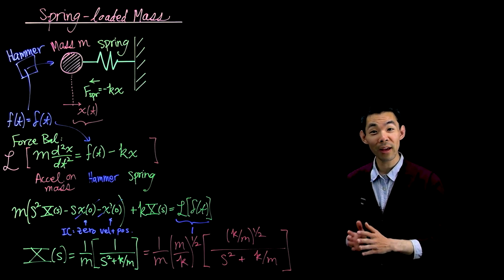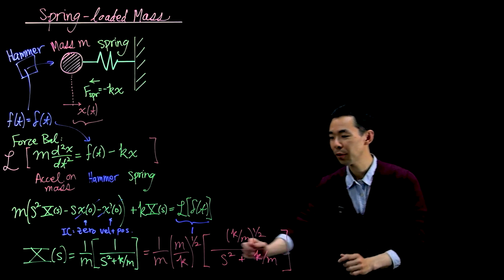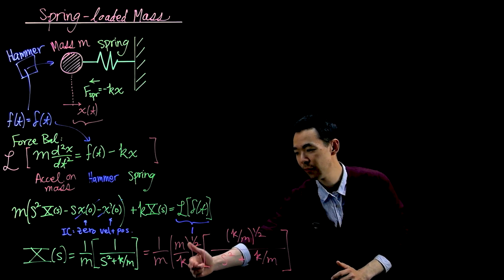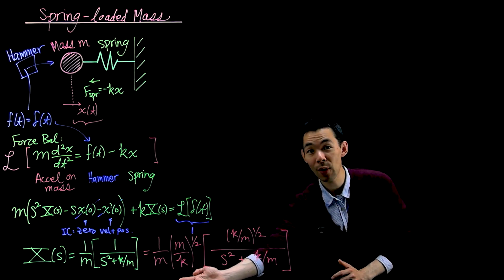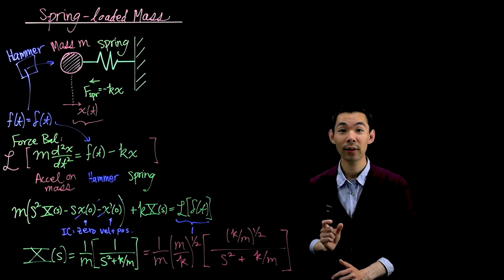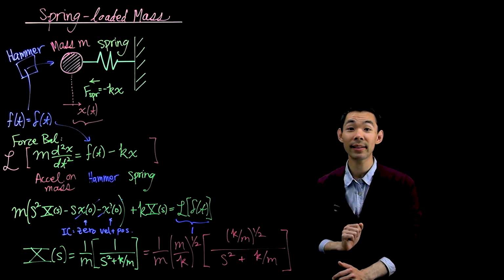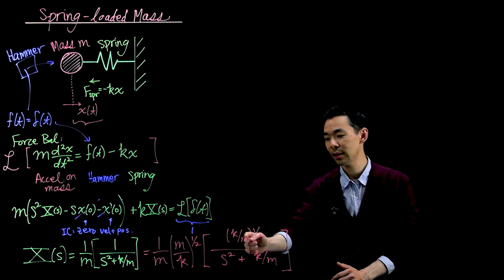All I've done here is a small algebra step where I've multiplied by this factor of the square root of m over k, the mass of the ball divided by the strength of the Hookean spring, and multiplied by the inverse of that exact same ratio, the square root of k divided by m.